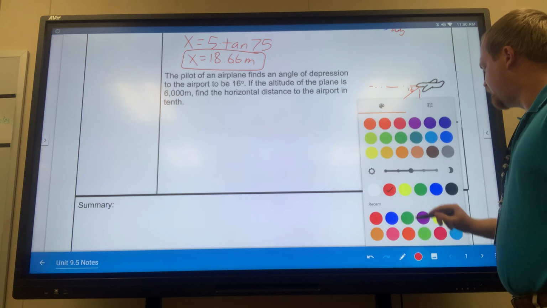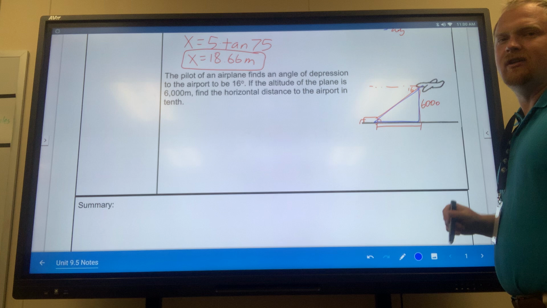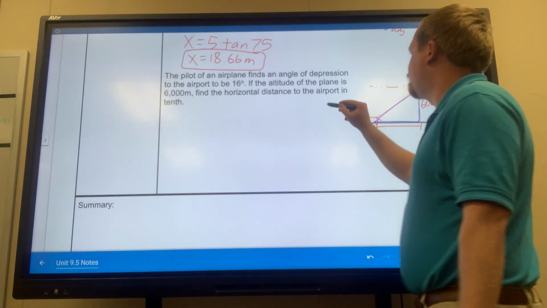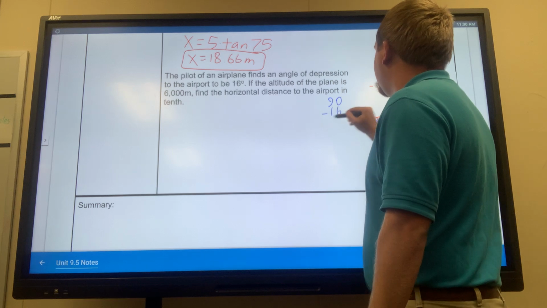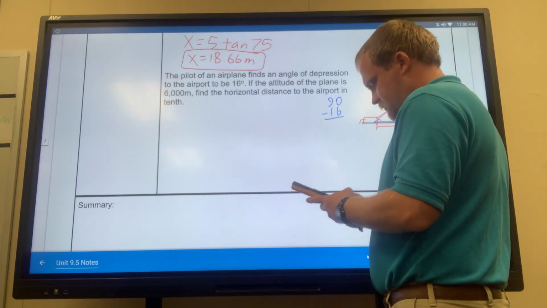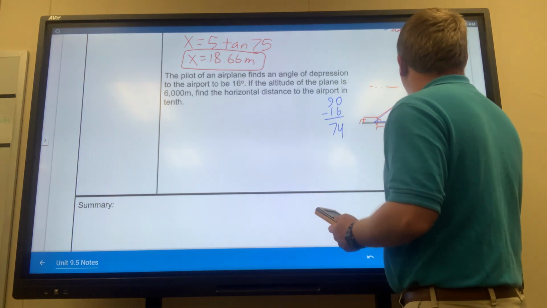Here's the triangle right here. 16 is not part of the triangle. But what I can do is subtract 16 from 90 to get me 74. So 74 degrees.